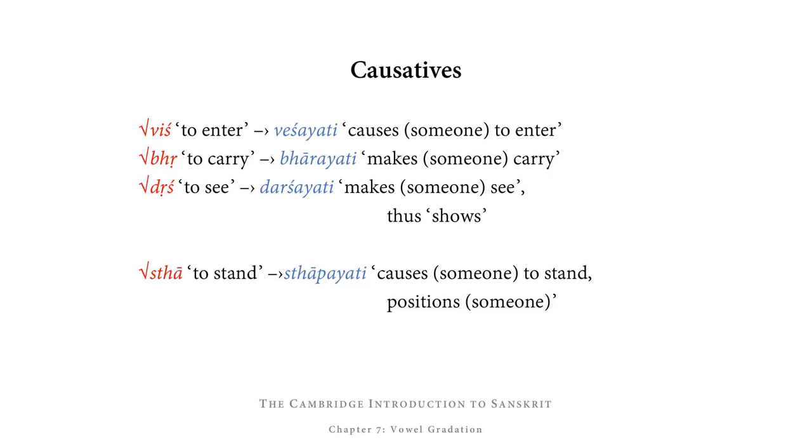That's not really recognizable as a causative, and it's perhaps because of that that we then find a slightly different formation of the causative, namely, whenever the root ends in long A, a p is added behind it, and after that we then find the aya added. So sthā gives you sthāpaya, and for example, a third person singular sthāpayati, meaning he causes someone to stand or he positions someone.